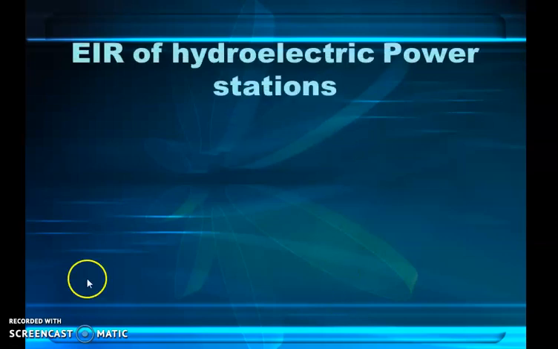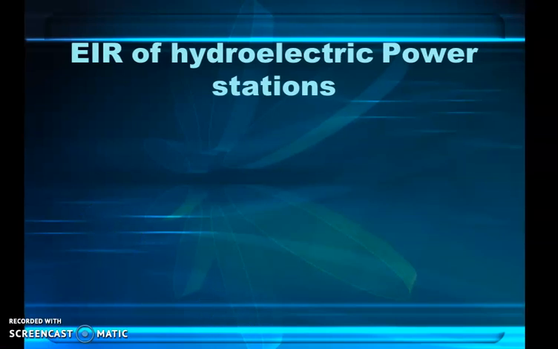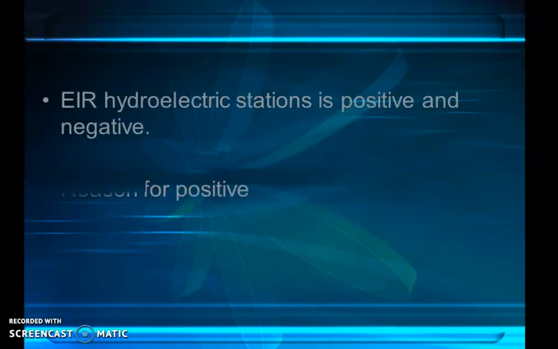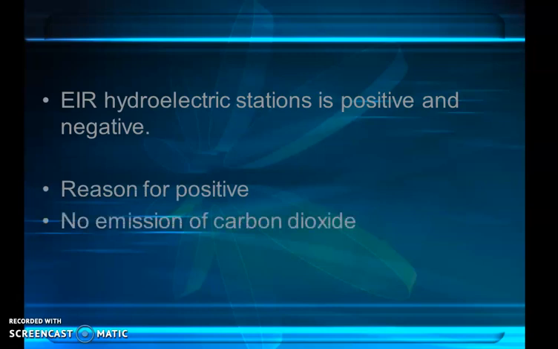Next we have the EIR of hydroelectric power stations. The EIR of hydroelectric power stations can be negative or it can be positive as well. Here we have the reasons for the positive first. Because hydroelectric power stations don't emit any carbon dioxide, we will say they have positive EIR.